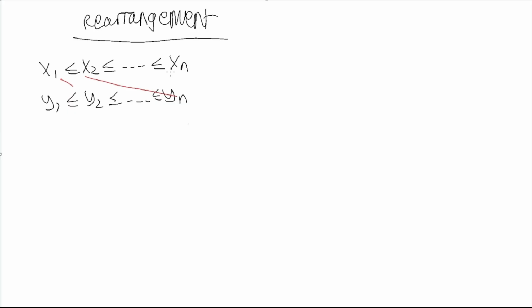So suppose we have real numbers x1 less than or equal to x2, less than or equal to so on and so forth, less than or equal to xn. And we also have y1, y2, all the way to yn similarly. And suppose we want to mix and match all of them and try maximizing or minimizing the sum. Well, we have x1, we could pair it with y2, then x2 could be paired with yn, and then this one could be paired with that, and so on and so forth.